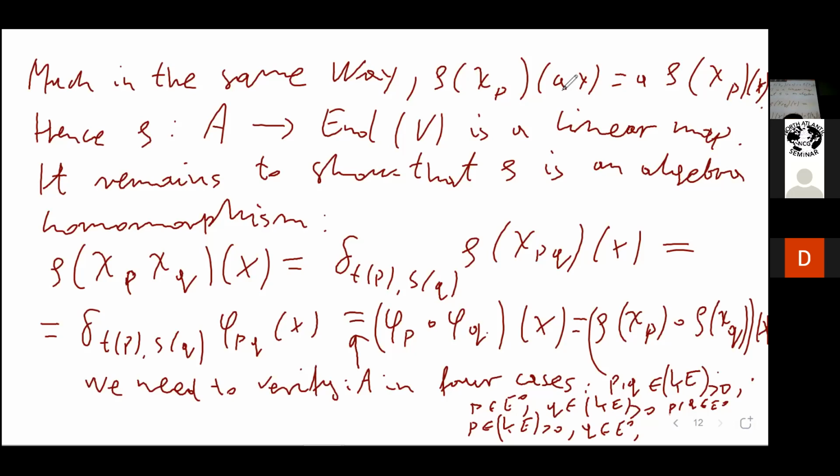So we proved that a representation of a graph induces a representation of its path algebra. I have one more sentence written here, but I sort of already took it into account.